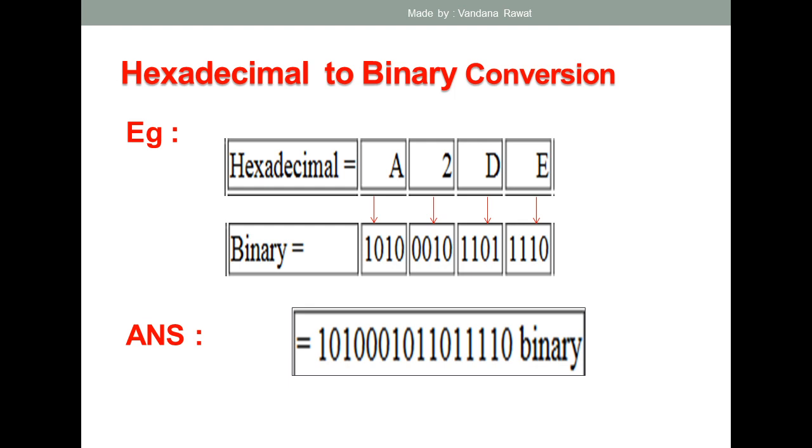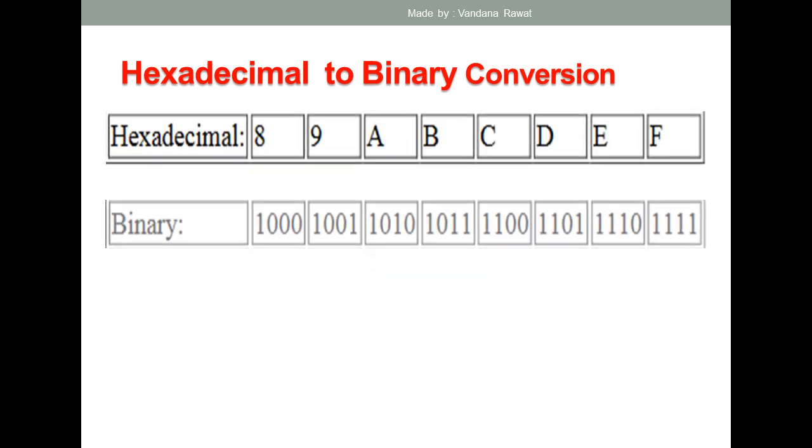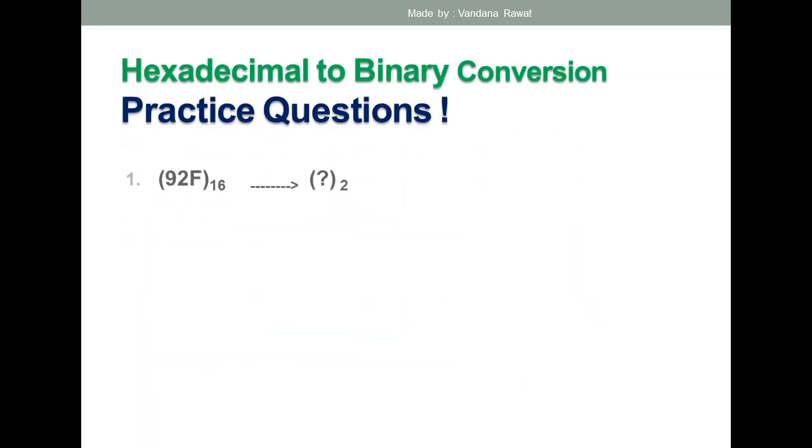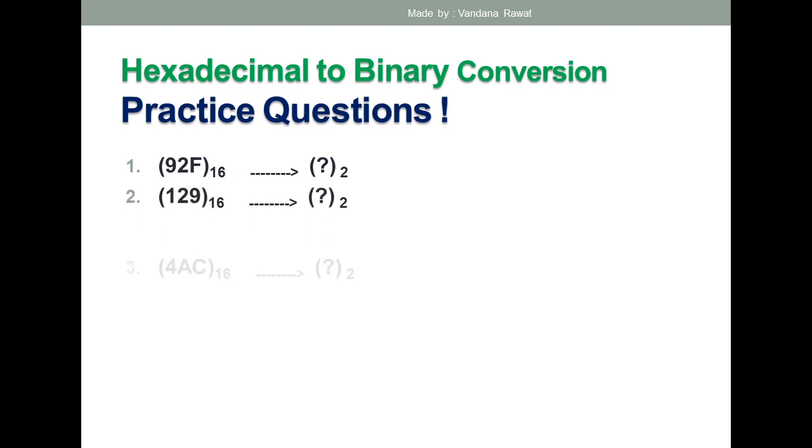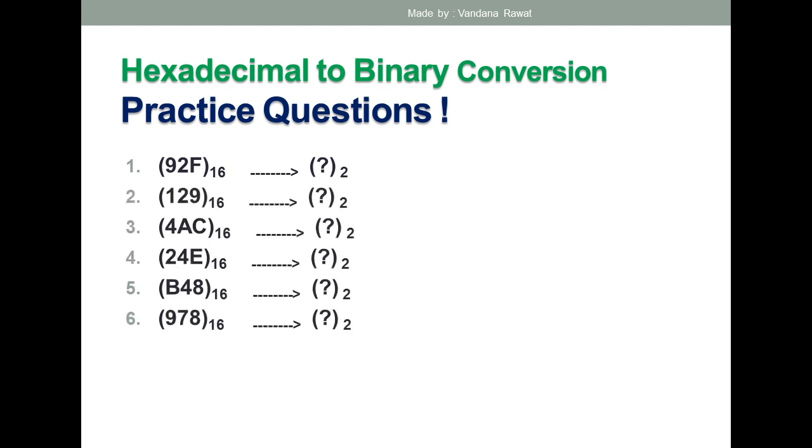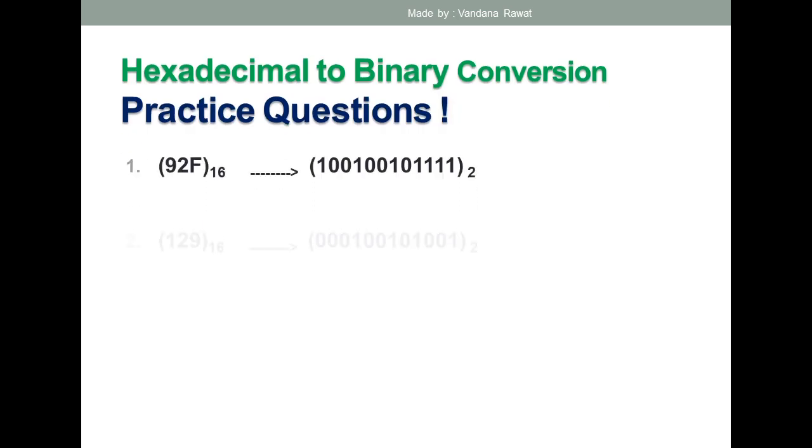So what you try to do, you just try to solve practice questions like these. You take one by one all these hexadecimal numbers, then after that you make the group of these numbers into the binary form, then you club all these numbers, and after that you write your answer. The same thing you apply for all the practice questions. Then after that you can check your answer. If you have solved all these practice questions, then only you can check your answer.